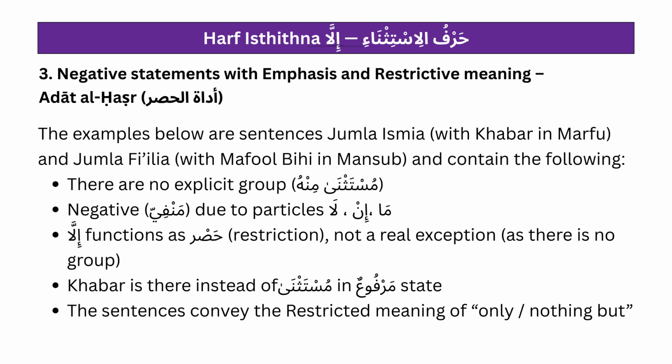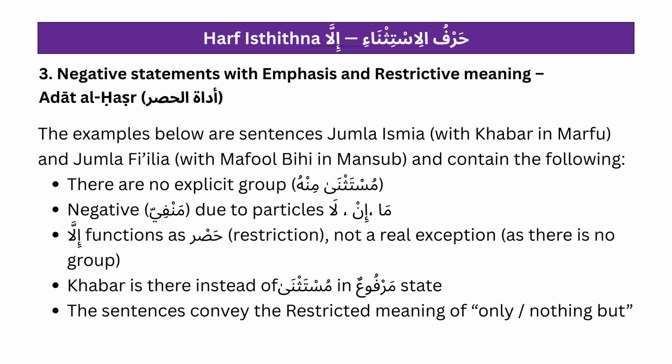So whenever we see a negative sentence and no group is mentioned, and the meaning becomes only this and nothing else, then Illā is functioning as adatul hasr, the particle of restriction. Next, we will see several Quranic sentences where Illā gives this meaning of restriction, helping us understand how the Qur'an emphasizes a statement by limiting it to one truth alone.